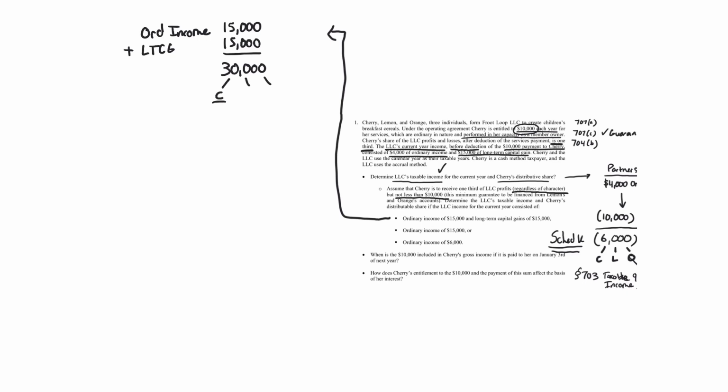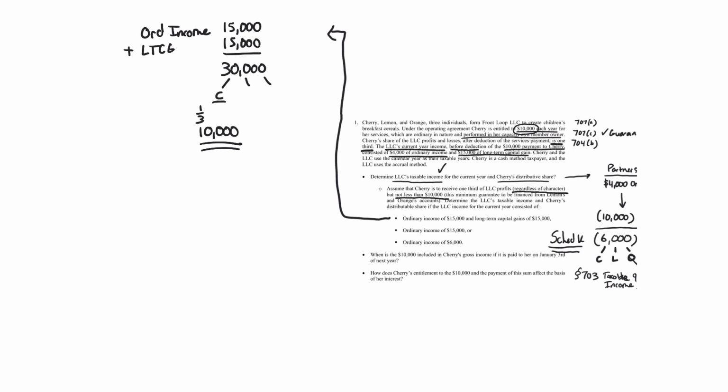Cherry's share is 1/3, and 1/3 is $10,000. So as long as Cherry gets $10,000 or more, it's fine. There's no issue. So in this situation, where there's ordinary income of $15,000 and long-term capital gain of $15,000, we're all good. Cherry's distributive share covers his or her minimum guarantee.